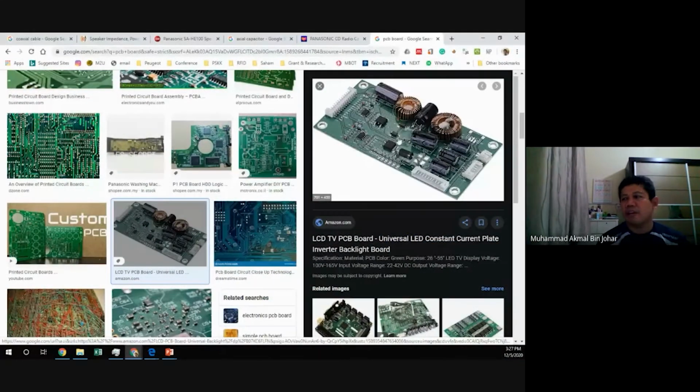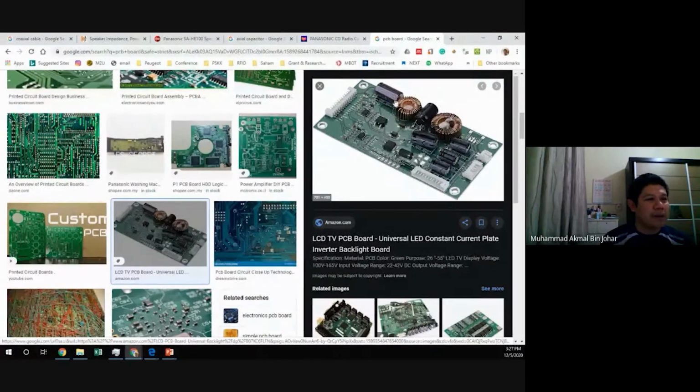So you can see here, this is an example of a PCB, or electronic circuit, printed circuit board, with all the components inside. So here you have, this is a diode.